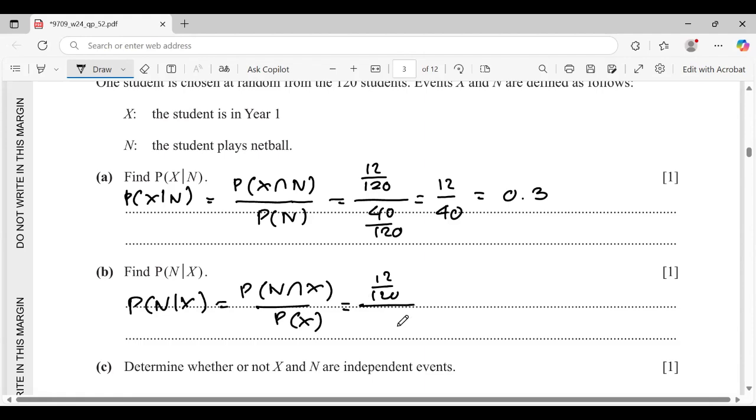The probability of X is the probability the student is in year one. It is 50 over 120. It becomes 12 over 50, and if you calculate, it is 0.24.